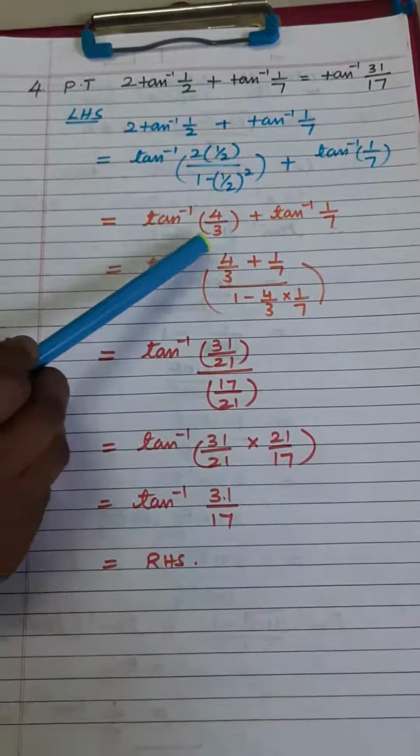Write the following functions in the simplest form. Question number 5: tan inverse of (root of 1 plus x square minus 1) by x. Now we are going to simplify this expression. Now we will take x equal to tan theta, because 1 plus tan square is equal to secant square, so automatically we can remove the square root. That is why we are taking x equal to tan theta.